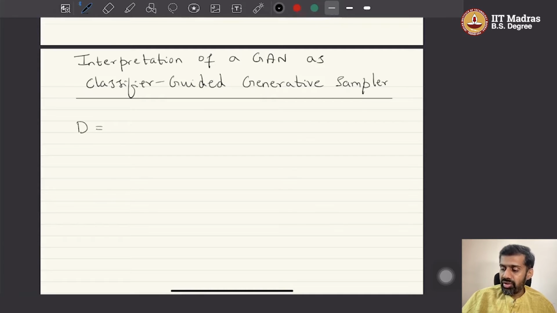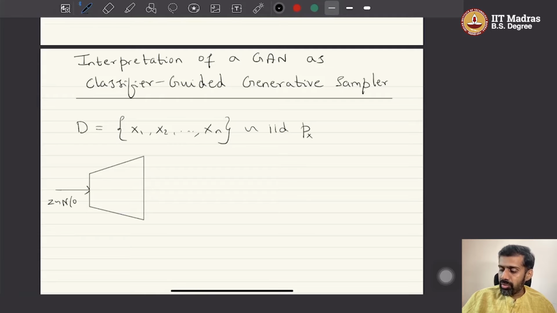As usual, what we have is a data set with n samples of data, which are drawn IID from P X. This is our usual setup. Now we also have this sampler, which we are calling the generator, which takes samples from an arbitrary distribution like a Gaussian distribution, a normal distribution, and we get samples from the output of the generator network, which we designate as p theta of x.